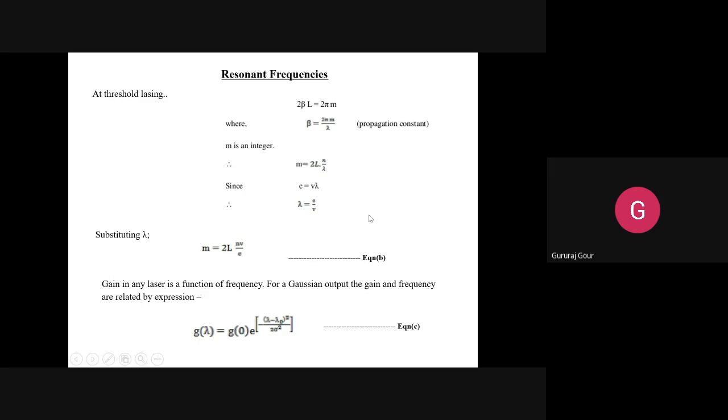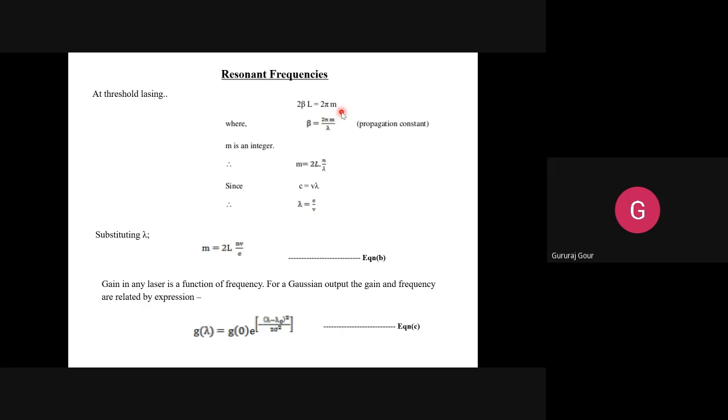So we are talking about the frequencies of those modes. Their frequencies are related to the mode number m, which is equal to 2L into nv by c. How do we get this? At the thresholding lasing condition, we have the relation e to the power of minus j(omega t minus beta z).